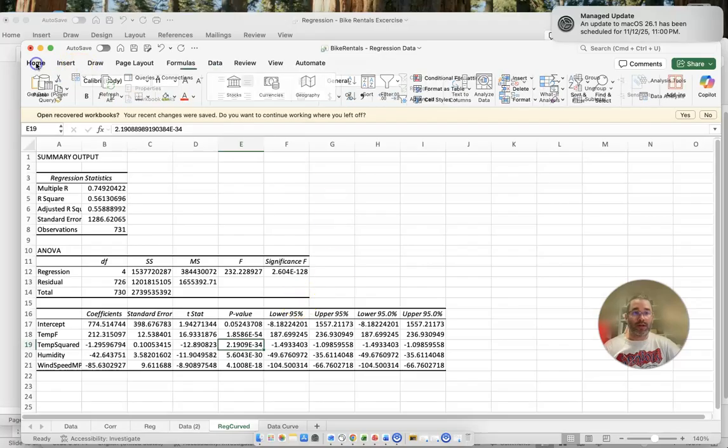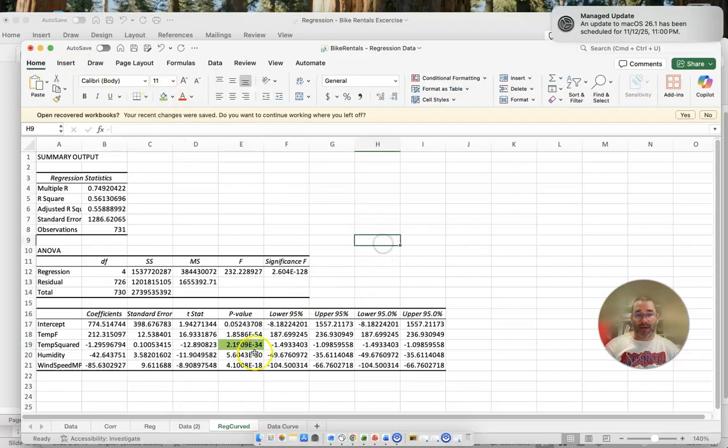And sure enough, there it is. Okay, e to the negative 34th power, so 0.0000, 34 zeros, really, really small, close to zero, well under the threshold of 0.05 p-value. And so we can conclude here that yeah, temperature should be looked at curvilinearly.